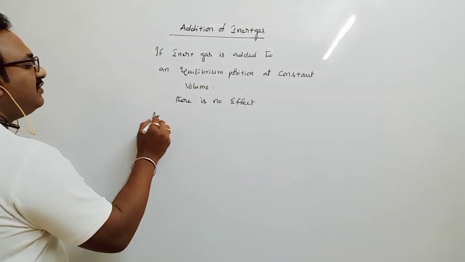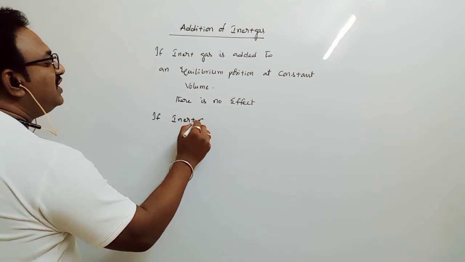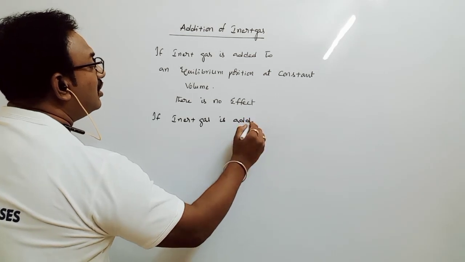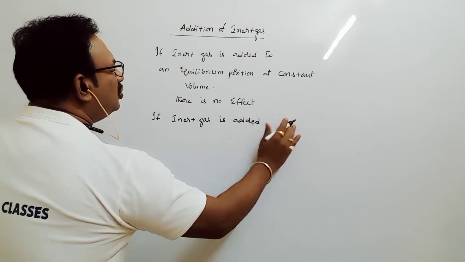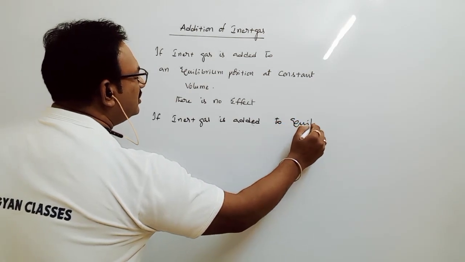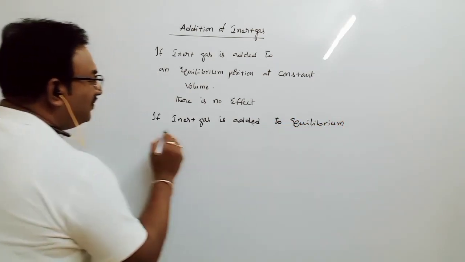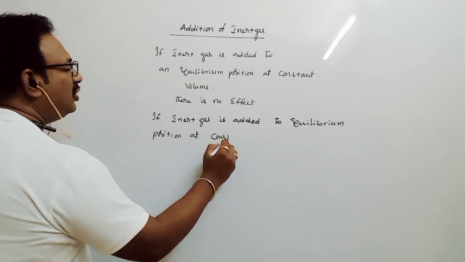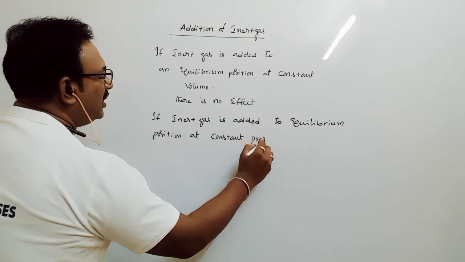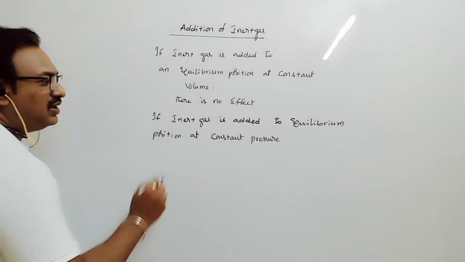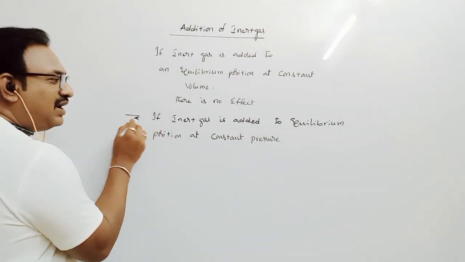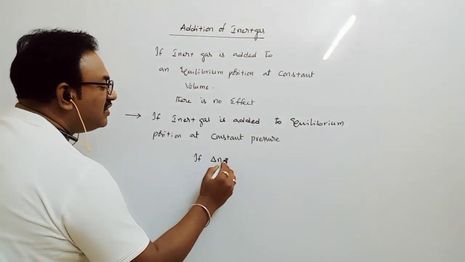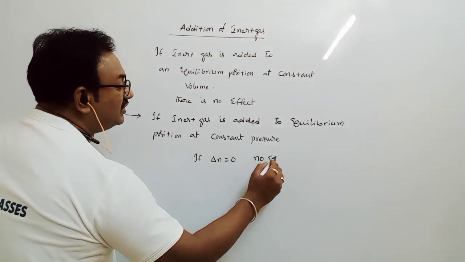Next, the second point: if inert gas is added to an equilibrium position at constant pressure, if delta n is equal to 0, no effect.